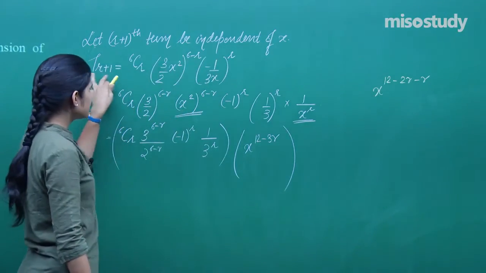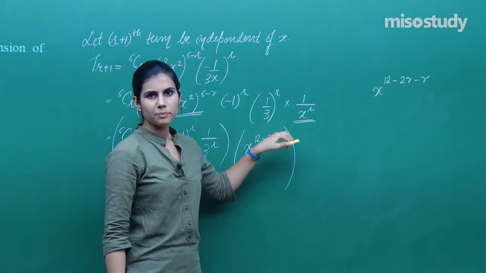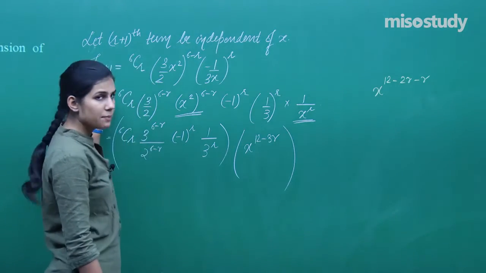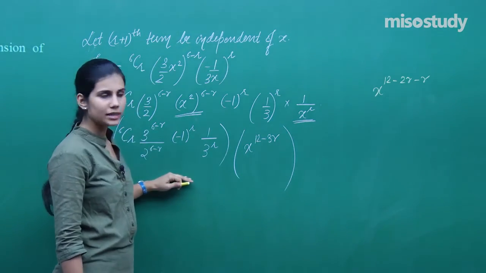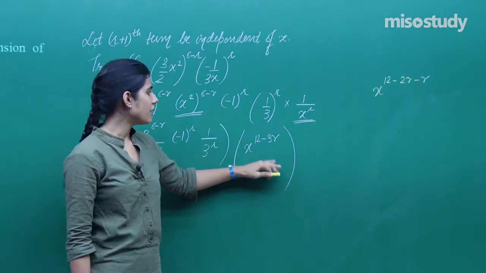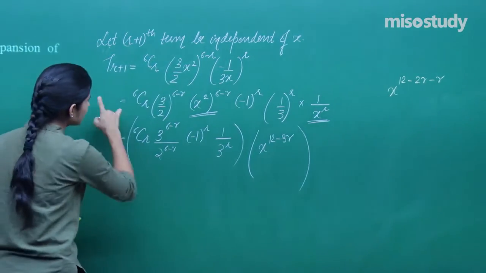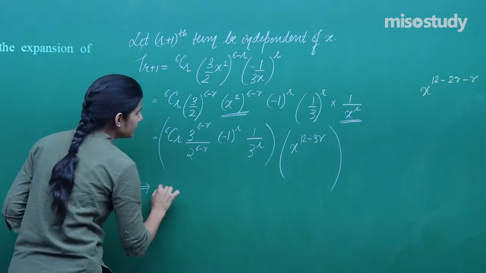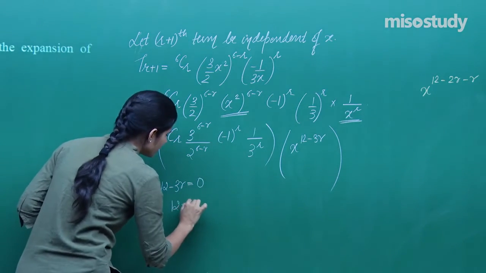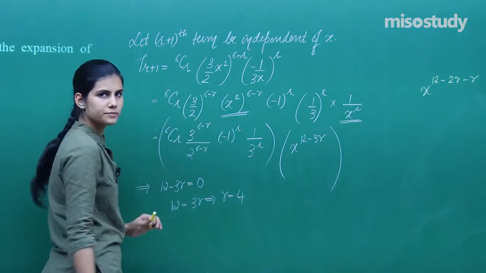If the r plus 1th term is this and it is independent of x, that means the power of x is 0 in this term. If this term is independent of x, that means there is only constant part in this term, there is no variable part. That means x is not sitting with any positive power, the power of x has to be 0. So that means 12 is equal to 3r, which means r is equal to 4.